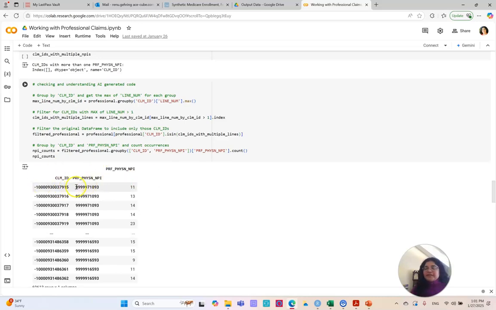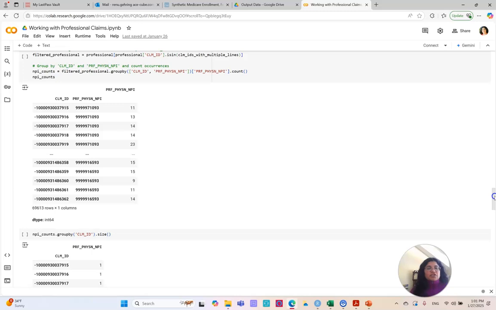And that made it easier for me to understand it. So it's grouped by two columns, and now it's simply counting the rows. And that's what its NPI counts is exactly that. So I didn't see how that would be of much interest.